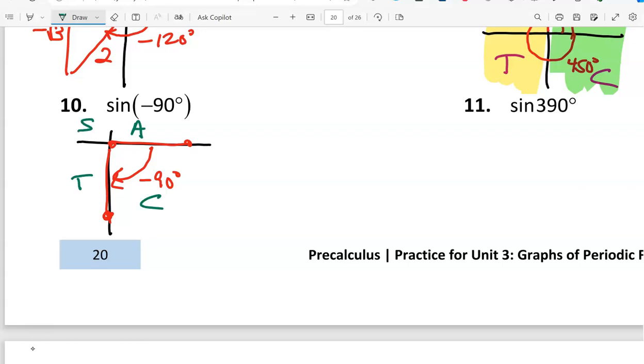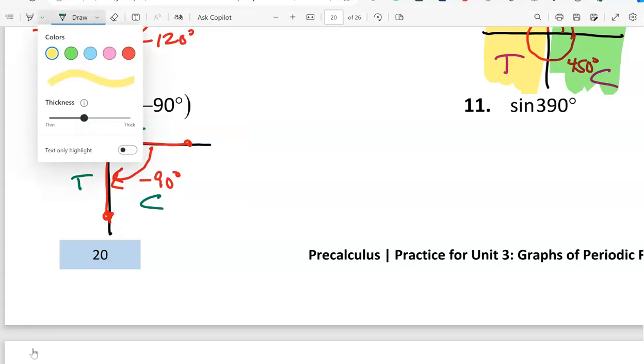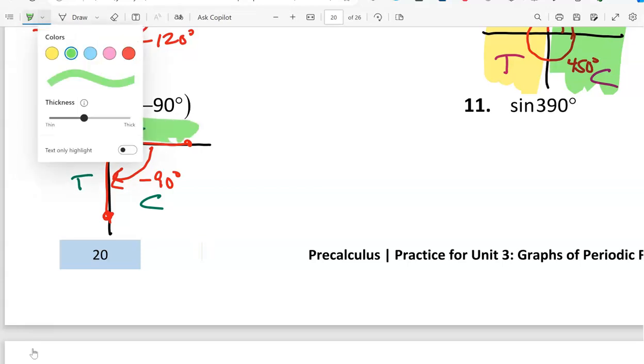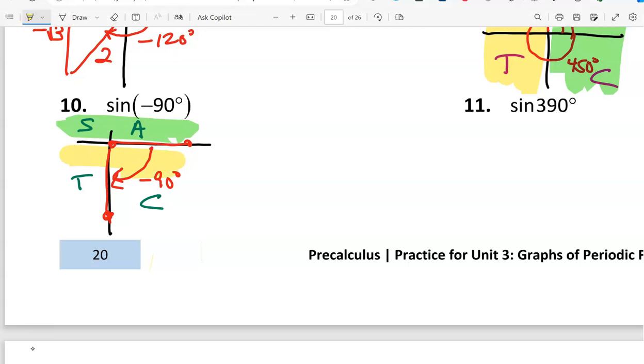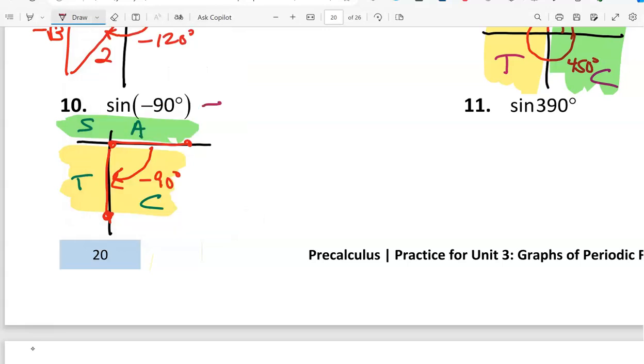Sine is positive when we're on the top side in quadrants 1 and 2. Sine is negative when we're in quadrants 3 and 4. So in between is where sine is equal to 0. And so negative 90 is right in the midst of all of the negativeness of sine. So that means that the sine of negative 90 would be negative 1.